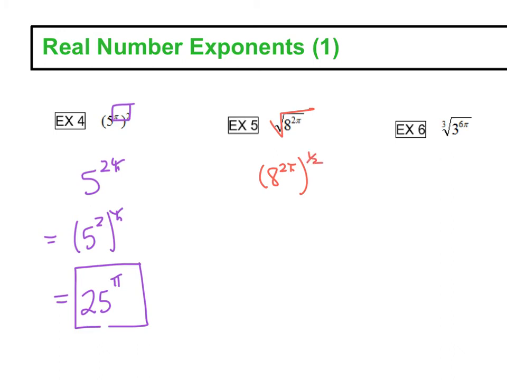What that allows us to do is to multiply these exponents. 2 pi times 1/2, well, 2 times 1/2 is equal to 1. So you have 8 raised to the 1 pi power, or 8 raised to the power of pi.